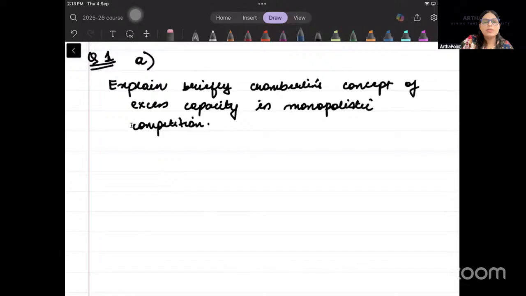So I will begin by talking about excess capacity, in one line. So write down.